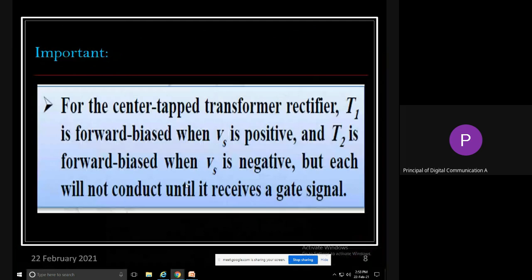Now similarly, the next one, just a summary of this one: for the center tap transformer rectifier, T1 is forward biased when Vs is positive, T2 is forward biased when Vs is negative, but each will not conduct until it receives the gate signal.